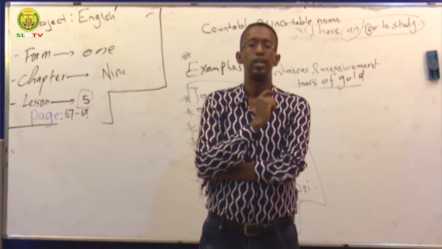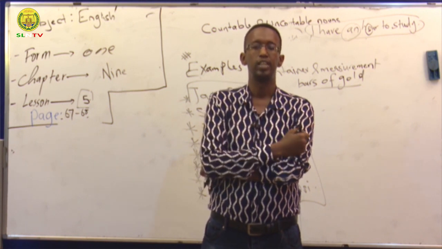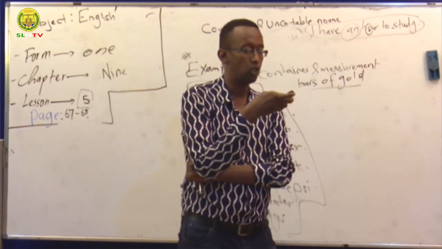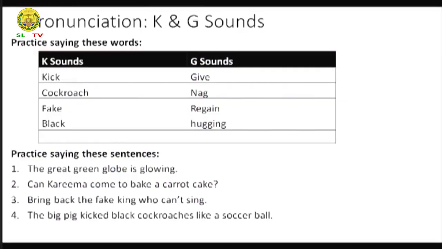So K is voiceless and G is voiced. So if we go to the examples, you have kick, cockroach, fake, black, and the other is give, nag, regain, hugging. So you can practice these words. As I mentioned, the rule is K is voiceless, but G is voiced.